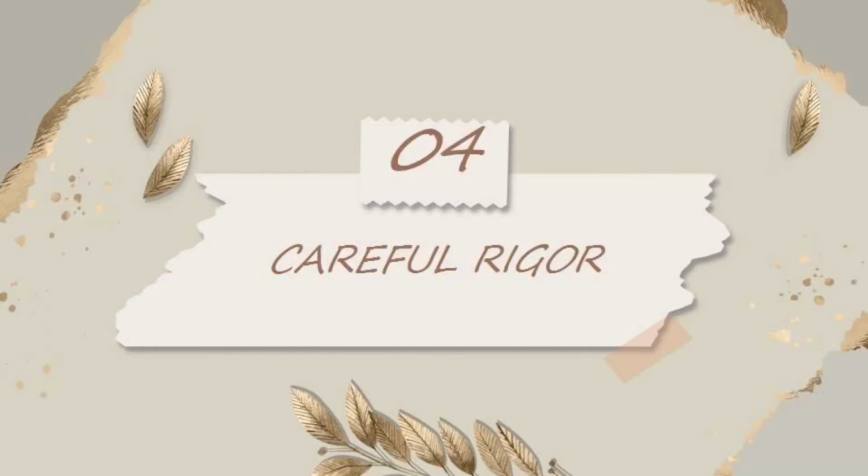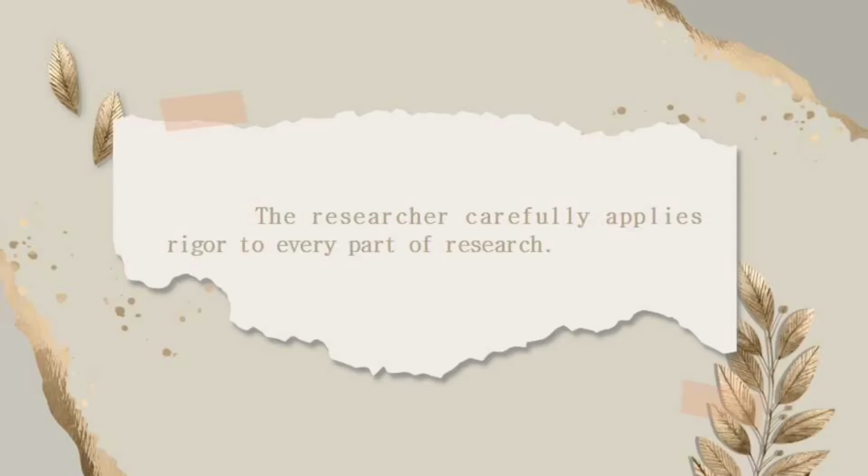Next, careful rigor. The researcher carefully applies rigor to every part of research. So, if there is careless rigor, there is also careful rigor. Here, researchers intend to conduct ethical and scientific research. Researchers avoid casual errors and neglect by examining their own work thoroughly and critically.